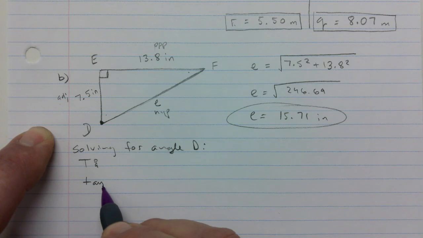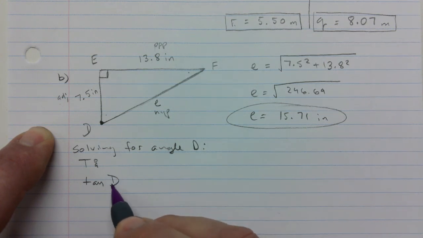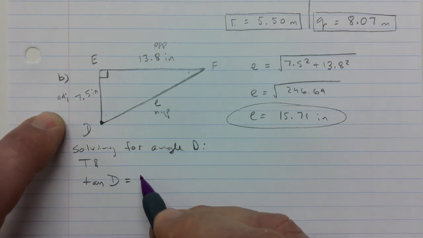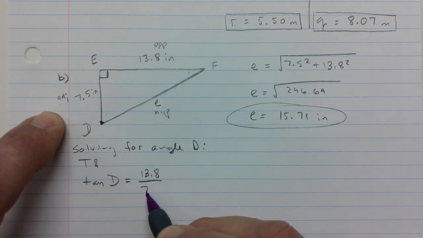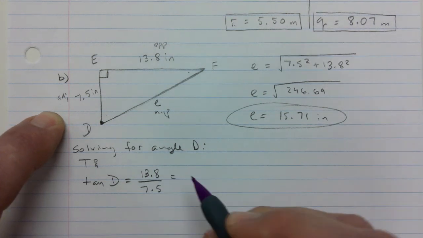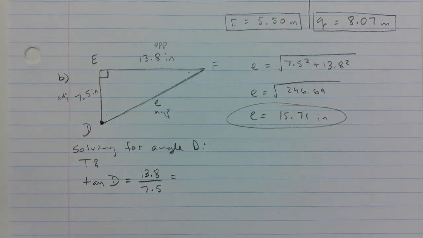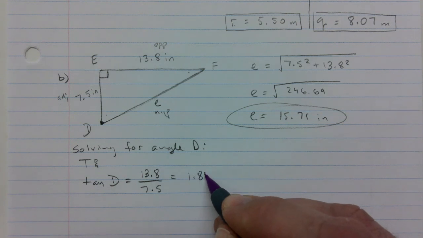So tan of angle D is going to be opposite divided by the adjacent. Let's come up with a decimal. That's 1.84.